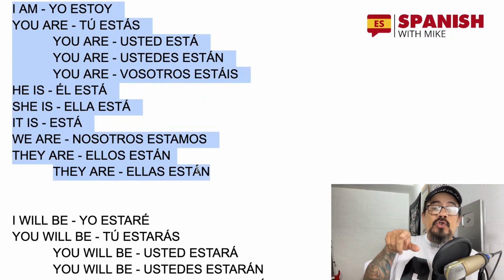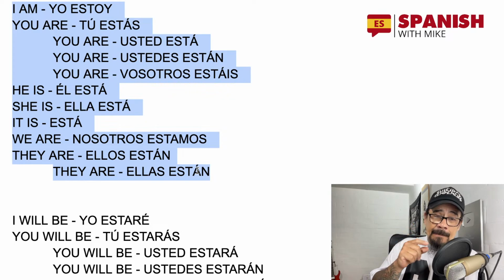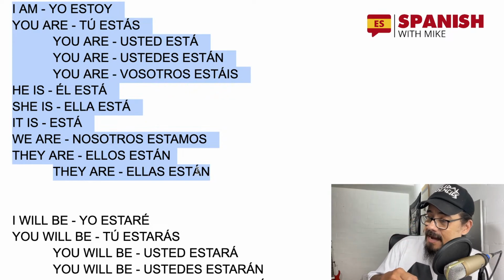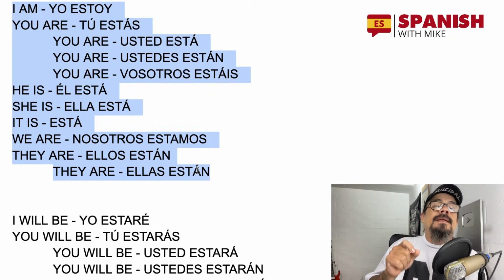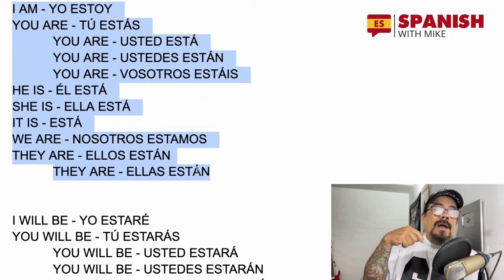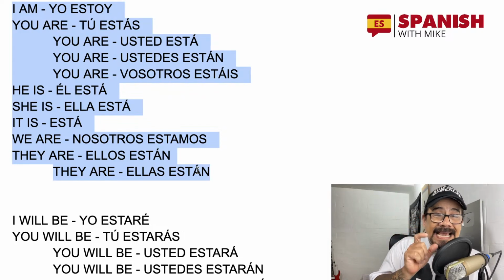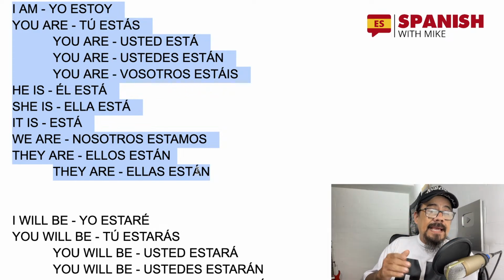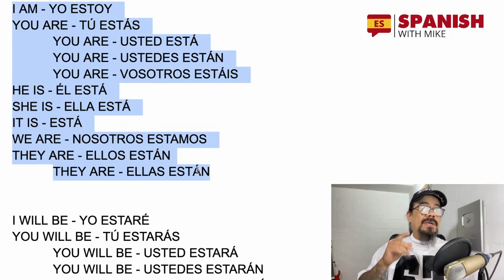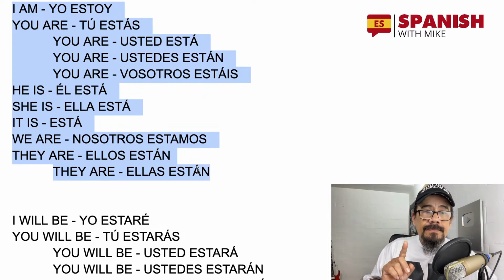I don't say yo soy corriendo, even though I am can be translated either as yo soy or yo estoy. Remember, we use estoy because estar is just a temporary state, and a progressive tense is a temporary state. That's it. So I say yo estoy, let's say corriendo, tú estás, you are.